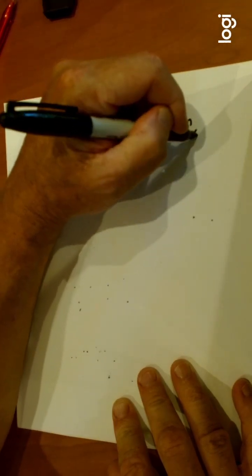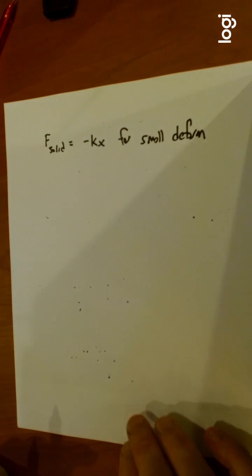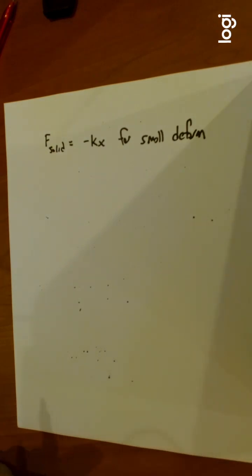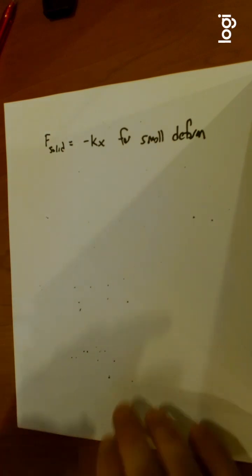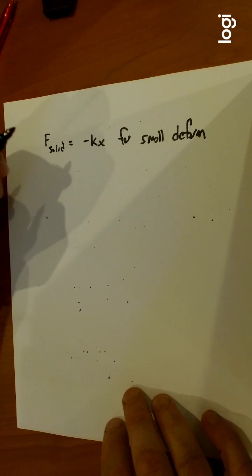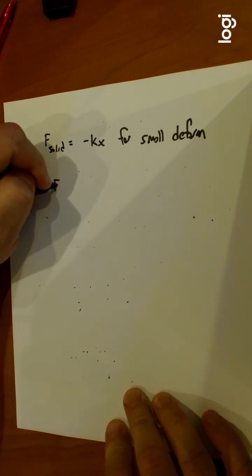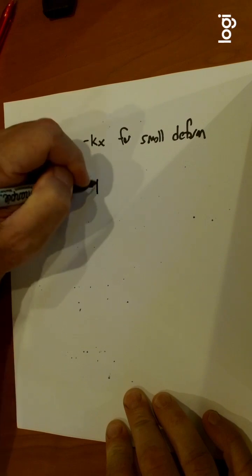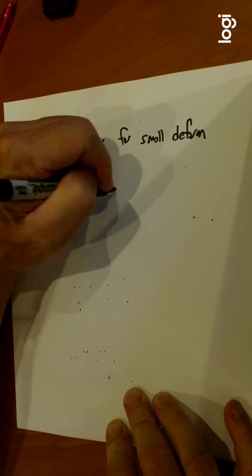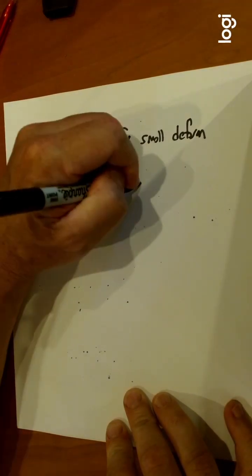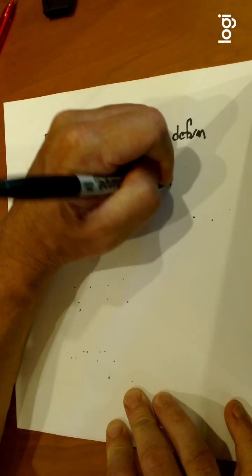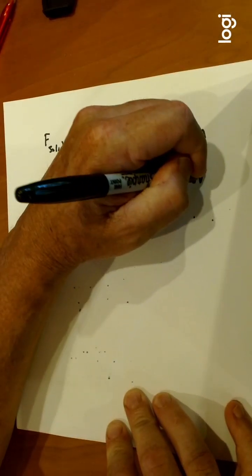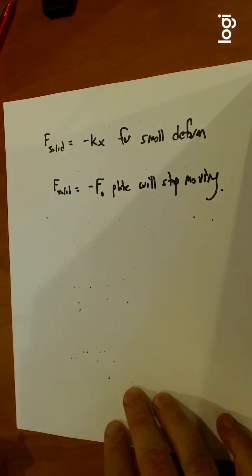If you deform them only a little bit, then they respond as a perfect linear spring. So for small deformation, we can say that this is true. Of course, this is Hooke's law. And the top plate will stop moving when F solid, of course, is the opposite of the applied force. So that's when that will happen.